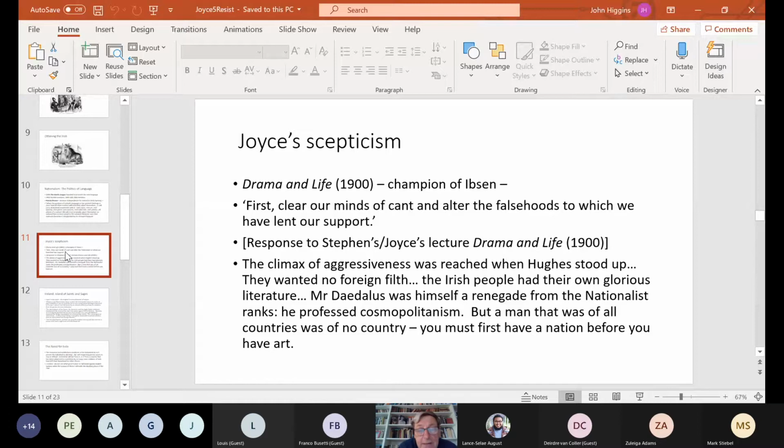And in championing that, he did write a very interesting sentence that rings so true in this particular moment of social media frenzy around the American elections, suggesting that the task of the artist or the political artist is first to clear our minds of cant and alter the falsehoods to which we have lent our support.